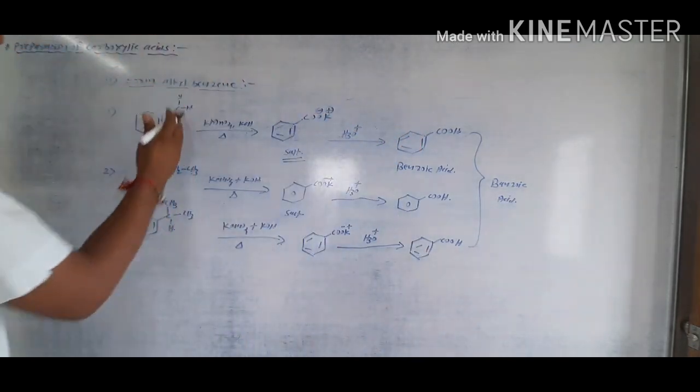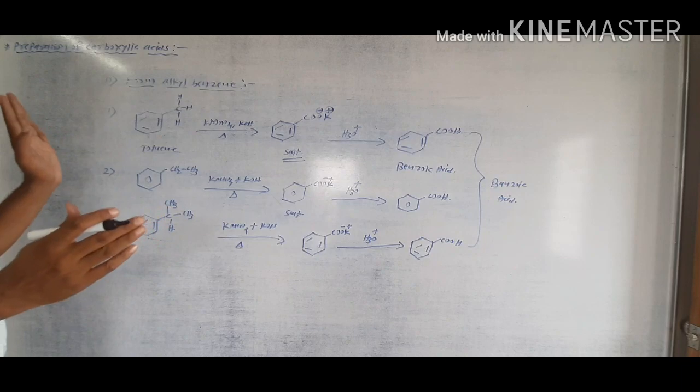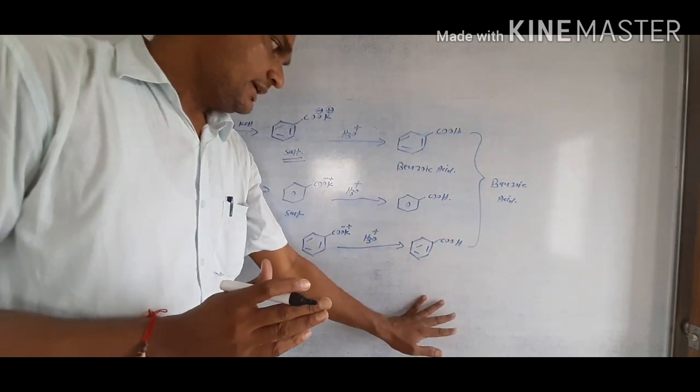Any type of side chain, primary or secondary alkyl group, both give the same product, benzoic acid.